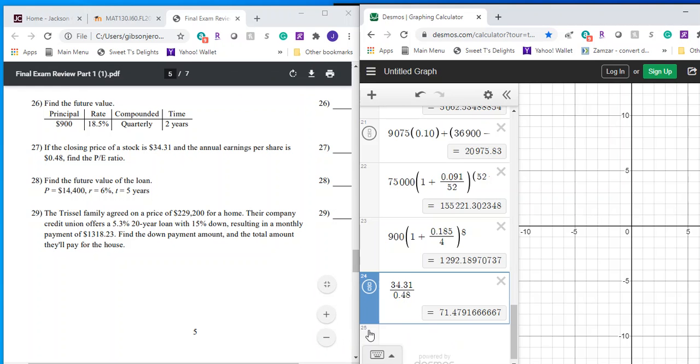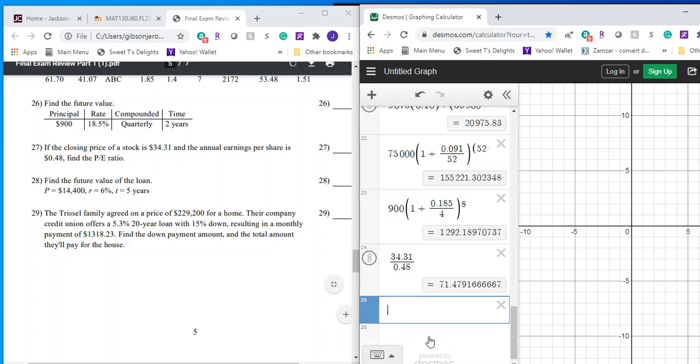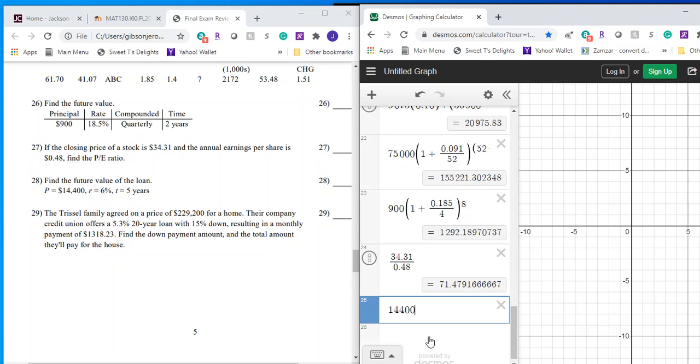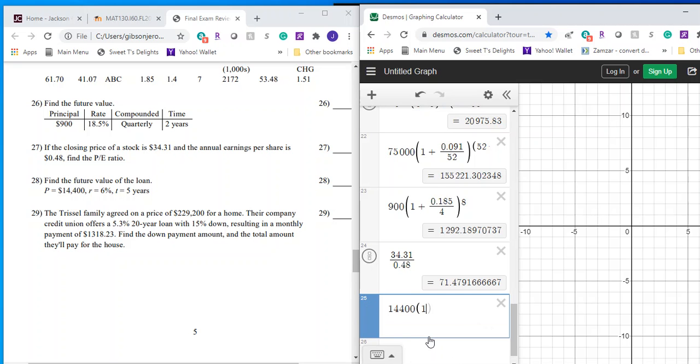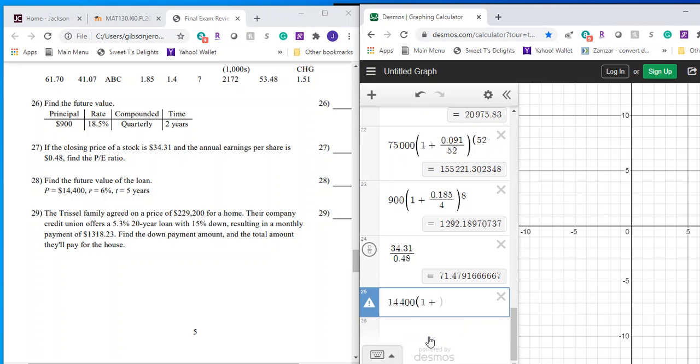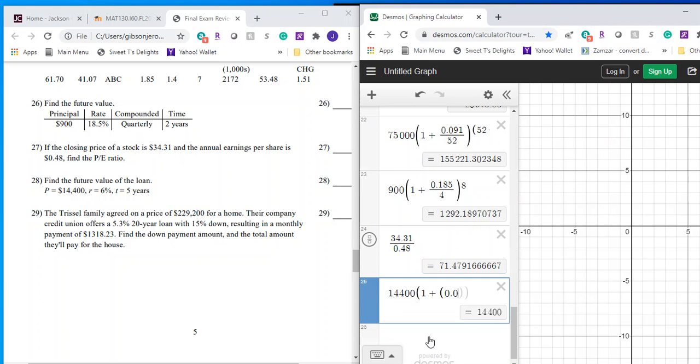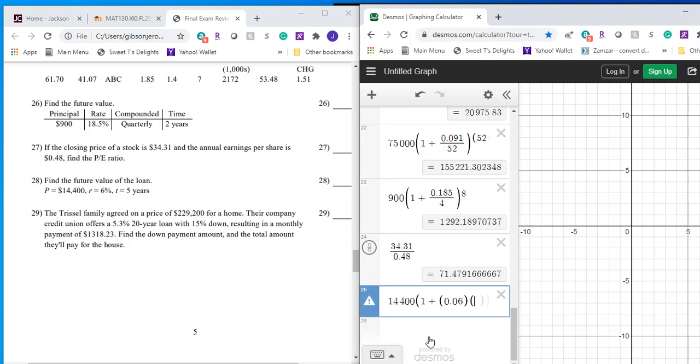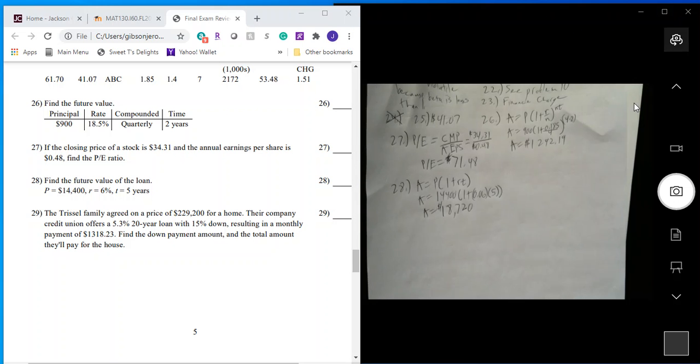So we will put this in our calculator. 14,400 times 1 plus 0.06 times 5. So this would be $18,720. That would be the new amount, or the future value.